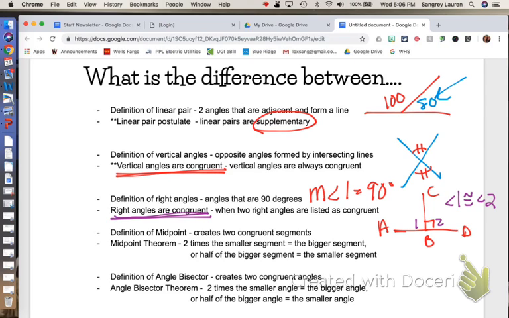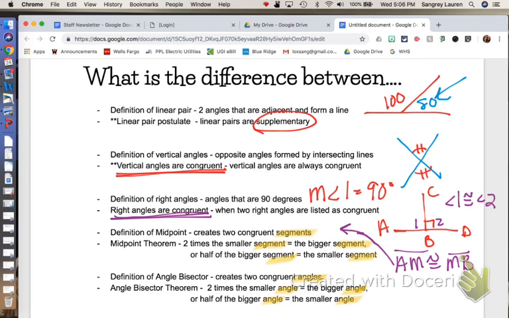We talked about the definition of midpoint versus midpoint theorem and the definition of angle bisector versus angle bisector theorem. So these work the same way, it's just a midpoint versus an angle bisector. So if you're using midpoint, make sure we're talking about segments. If you're using angle bisector, make sure we're talking about angles. If you notice that there's a midpoint and it's just two segments congruent to each other, that would be the definition.